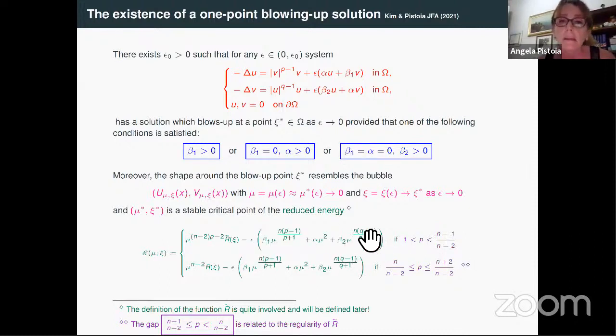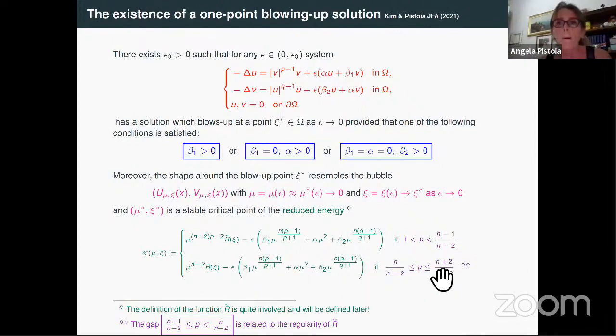I mean, the term which comes from the linear perturbation is the same. But the term which comes from the blow-up point, I mean, the point xi, is not the Robin function anymore, but a new function, R tilde, whose definition is quite involved, and I will come in a moment to the definition.